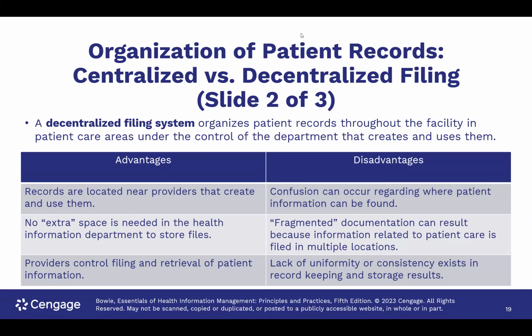Is it found in the decentralized chart or is it somewhere else? What happens if you have a patient who's seen in an ophthalmology clinic and GI? Where do you get the information you need? And because things are fragmented, you have fragmented documentation, which is also a problem. And then with records being stored in different systems, you have lack of uniformity, lack of consistency in record keeping practices.